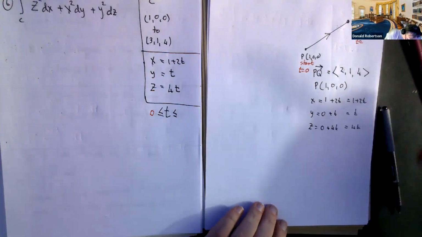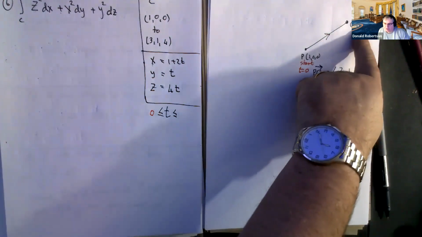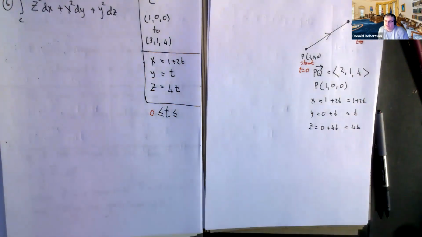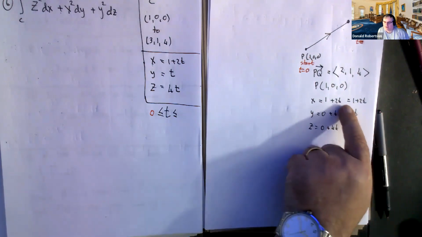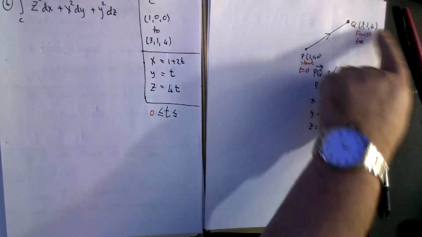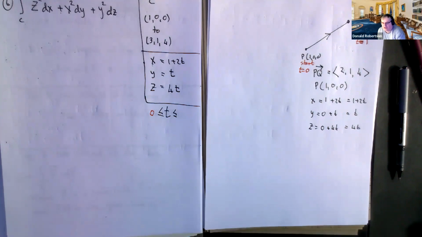Anybody want to have a guess at, or tell me if they know how to find it, what the t value you would need to generate the point 3, 1, 4 using this equation? And it's something you could probably do in your head if you think about it. What value of t plugging in here would generate 3, 1, 4? It'd be 1. And here's the good news.